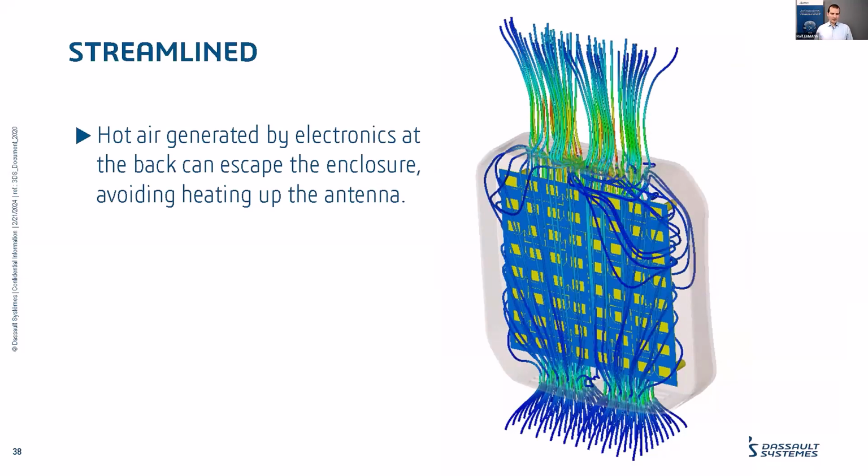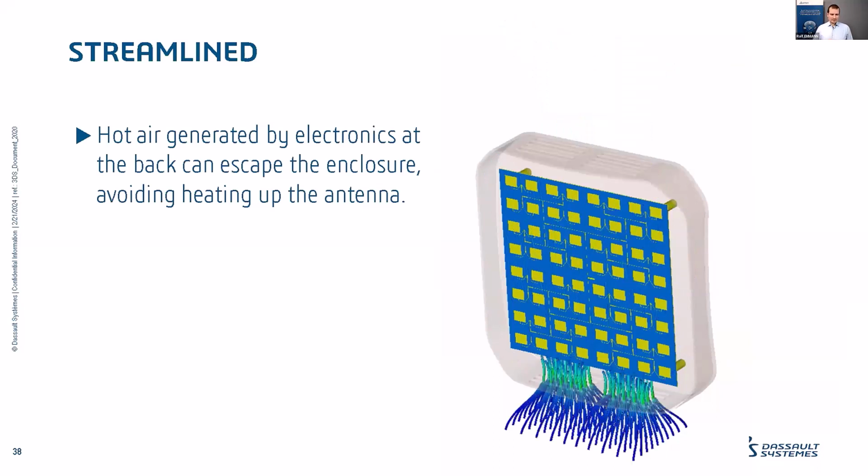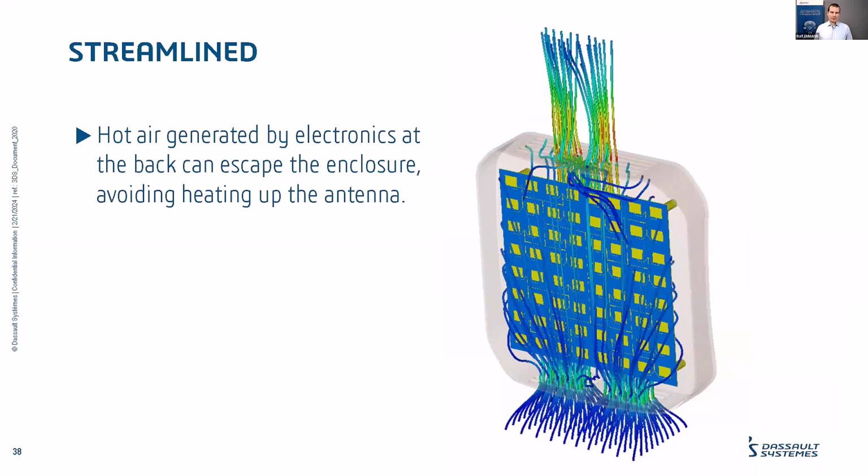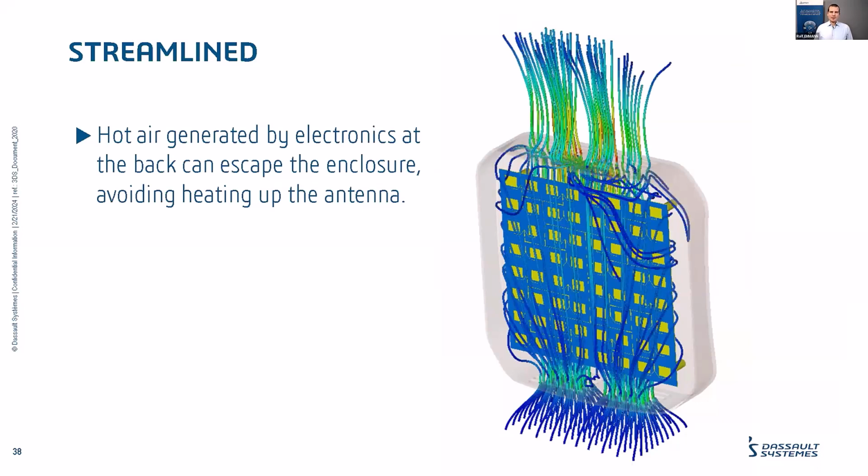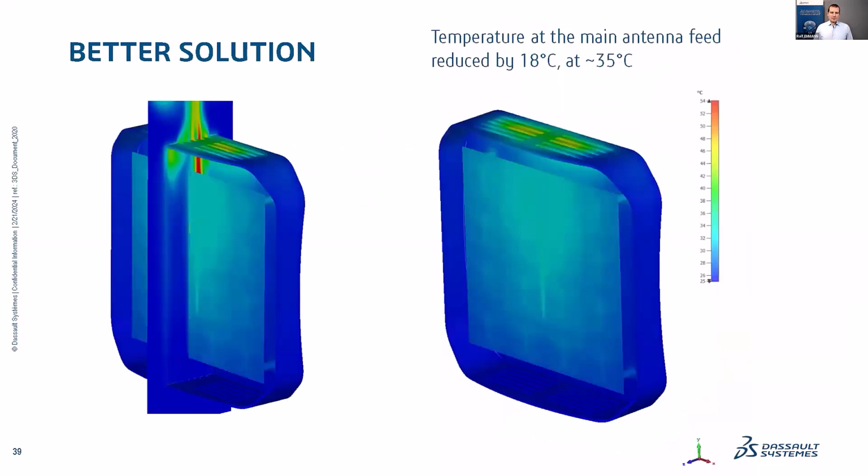The most part actually escapes and is able to carry away the heat, thus avoiding the heating up of the antenna. And yeah, this leads to a solution that might just be adequate for the application. Temperature is not as low as in the forced convection case, but it's reduced considerably without any additional parts that we have to add in. And we also don't have any moving parts in there.